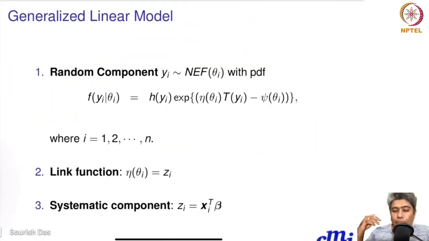So now if I build a predictive model based on the natural exponential family, that will be called generalized linear models, and this will work for any kind of response. If your response is binary, if your response is continuous, and if your response is count, everything will work.